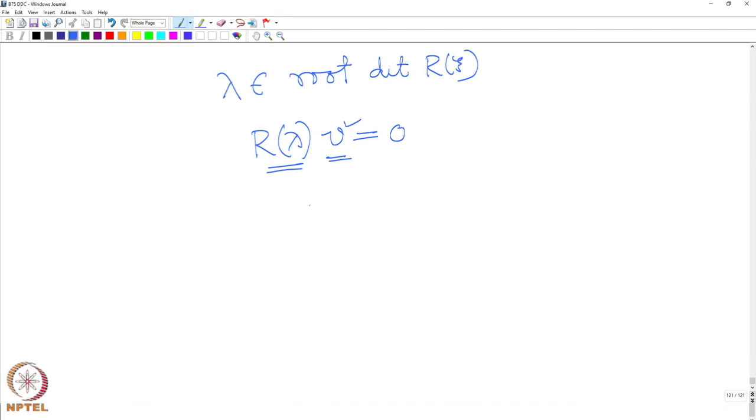Find one such vector v, and then v e to the power λt is a solution in the kernel of R(ξ), like we have done before.